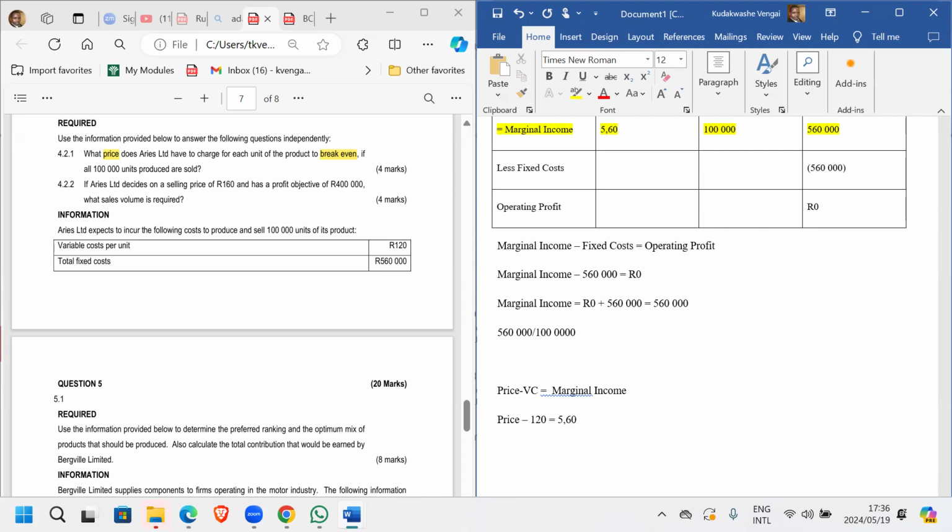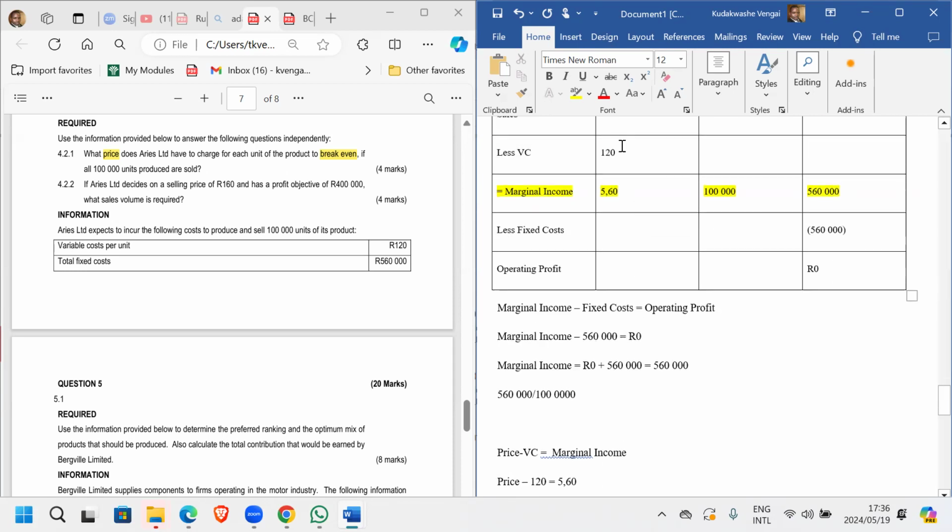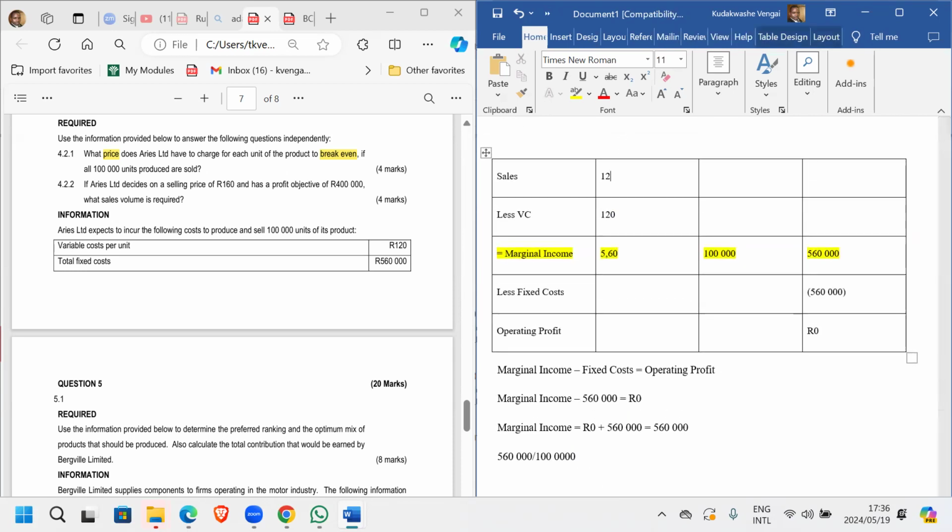Then it's an equation. Solve for the equation, right? So price is equal to 5.60 plus 120, and then I get 125.60. So that becomes my price here, 125.60. That's the price at which I should sell the units.